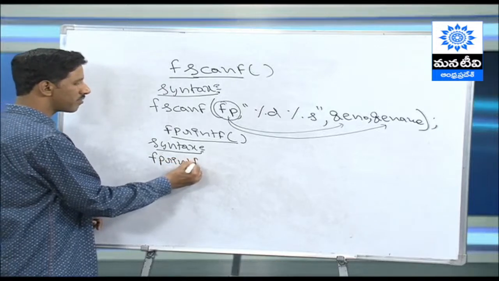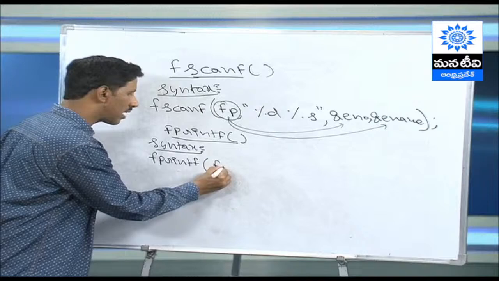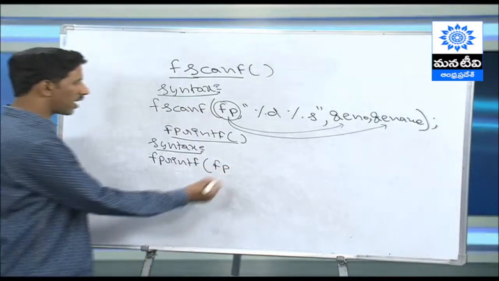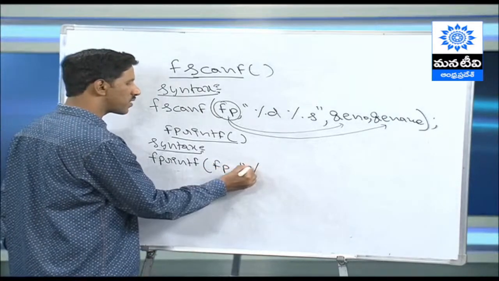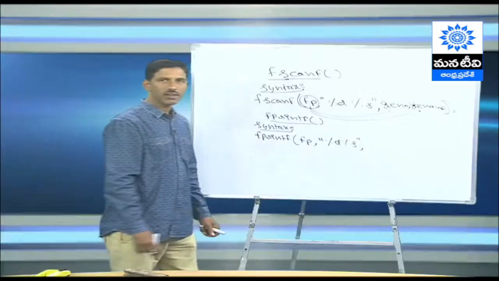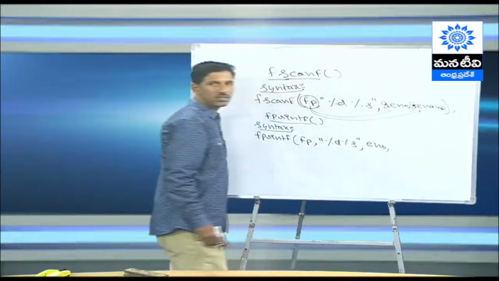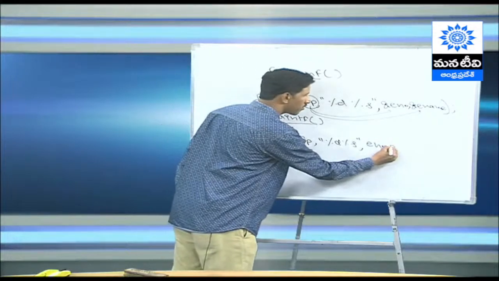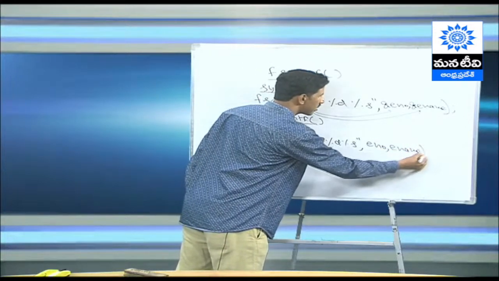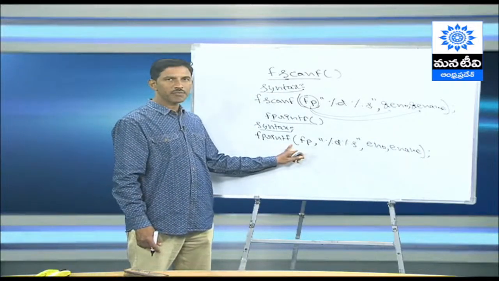First the file pointer, here also a file pointer. After that the format specifiers, %d, %s. After that the variables to be printed: the employee number I want to print, and after that the employee name. This is the syntax of fprintf.